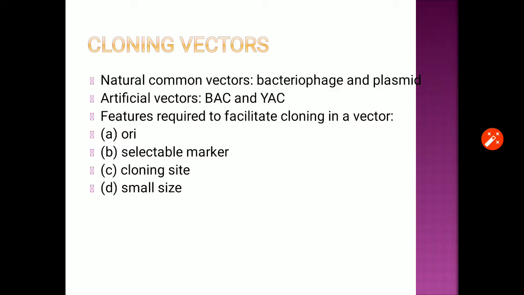Now I will discuss a little about all these essential features of a cloning vector. ORI is origin of replication, so it is the point at which the replication starts. If I have given you a DNA segment and asked you to make a clone of that, and I have facilitated all the essential conditions, but if the ORI is missing in the DNA segment, the DNA segment is not able to replicate.